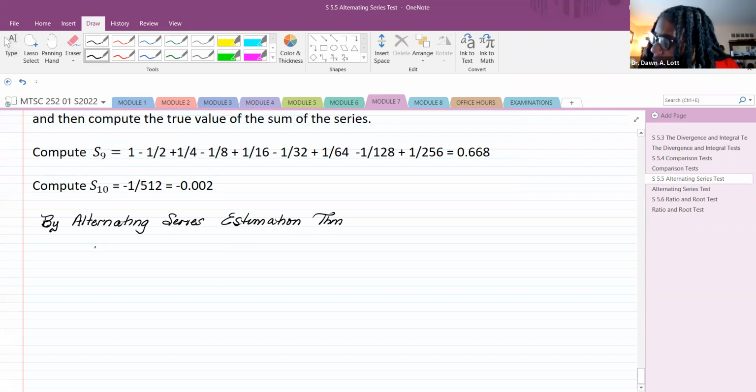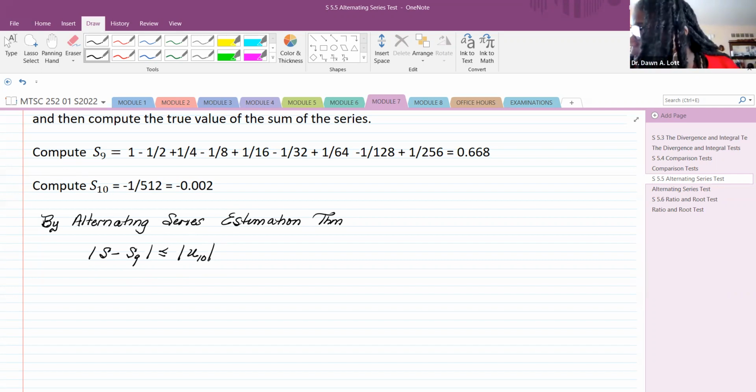That says the difference between the true value and the approximated value is less than or equal to the absolute value of the next term, which would be U10. Okay, so the difference between the true value and the approximated value, that's the error, is going to be smaller than the next term.